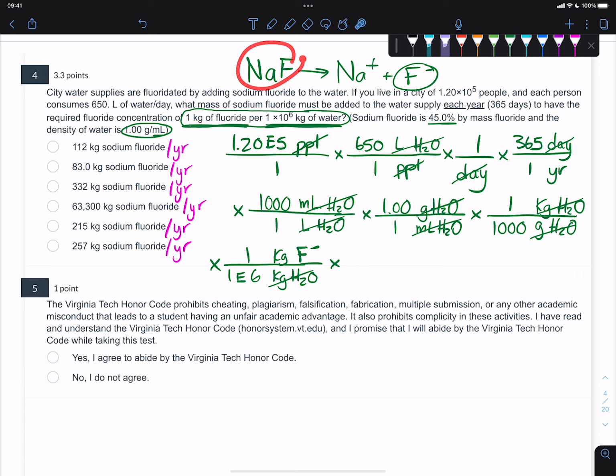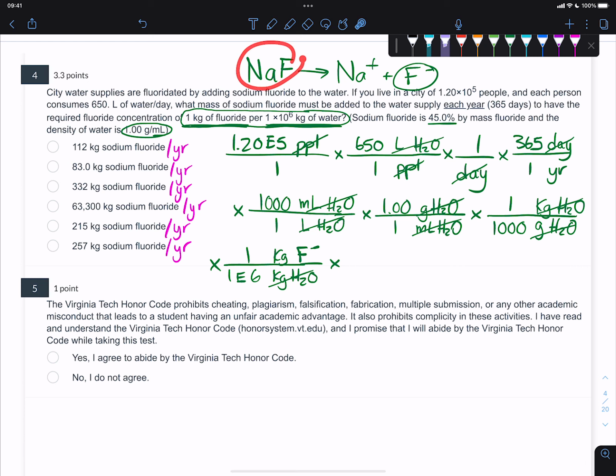Of course, the other 55 kilograms is owed to the sodium. So if you wanted to work it out, the percent composition of sodium fluoride by mass is 45% fluoride. You could figure that out if you weren't given it, but at least this long problem was nice enough to give us that.